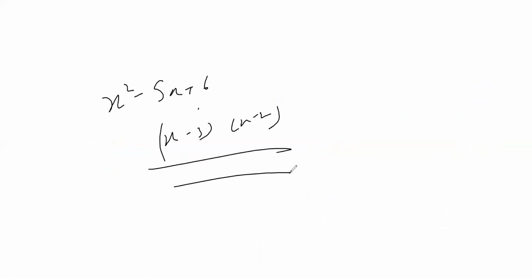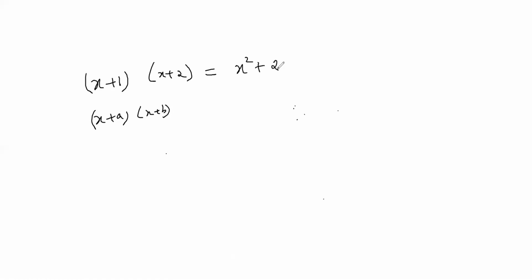But since you guys are learning these things now, what is the first step I told you? Make questions like this: x plus 1 into x plus 2, correct? Like x plus a into x plus b, you do it. X square plus what? 2x. Is it so?